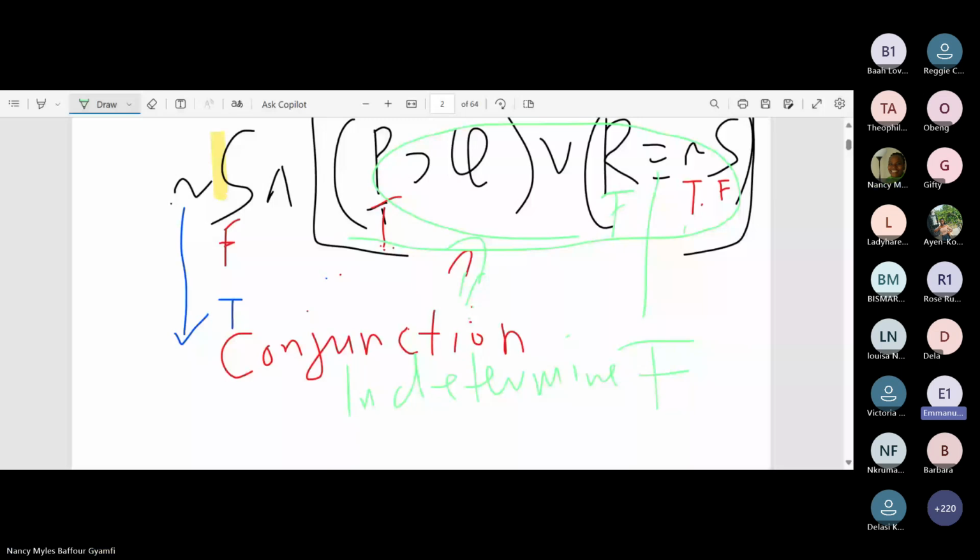Doc, Emmanuel, is it true? I'm not asking for your challenge. Can you hear me? Is the formula true? It is not true. Okay. Is the formula false? Madam, to me, it will be true.